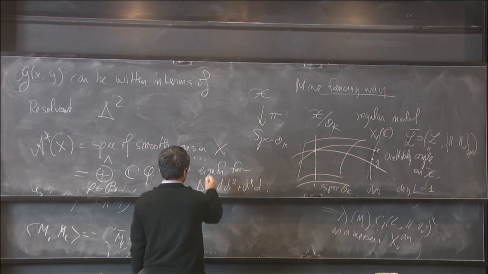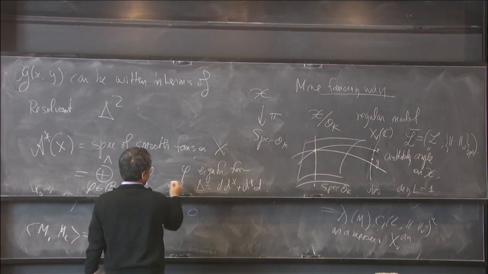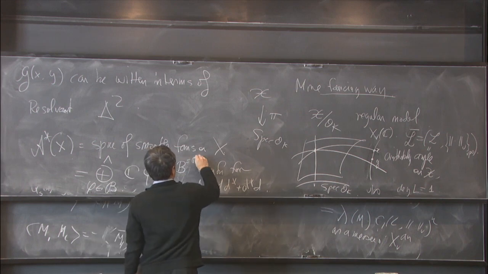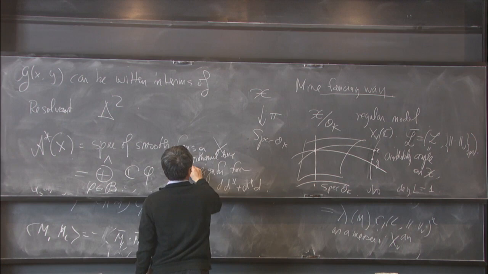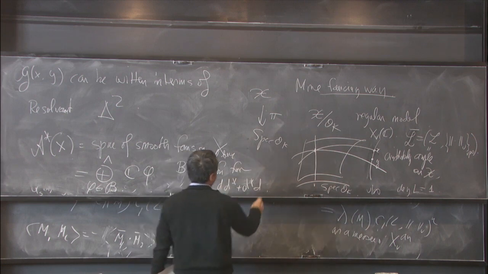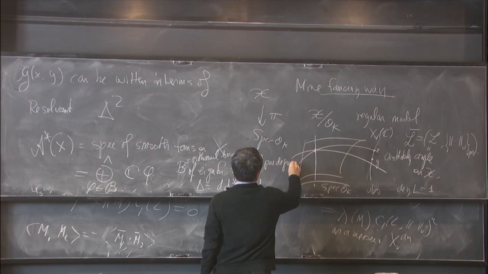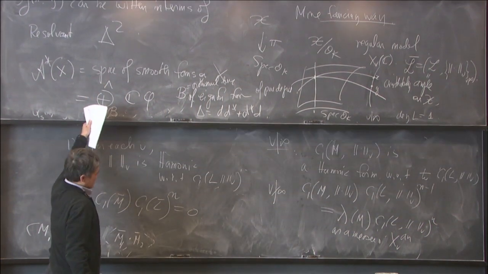We also assume it has norm 1. So B is an orthonormal basis of eigenforms of pure degree, so everything has the same degree.